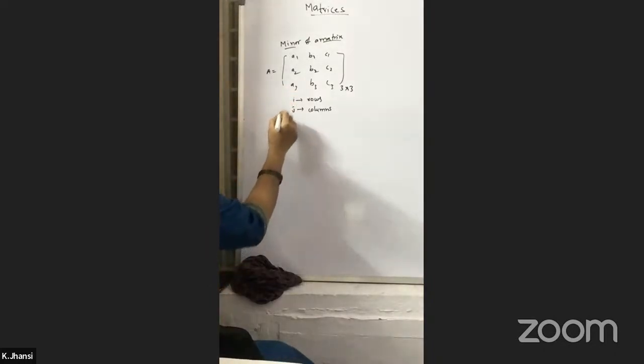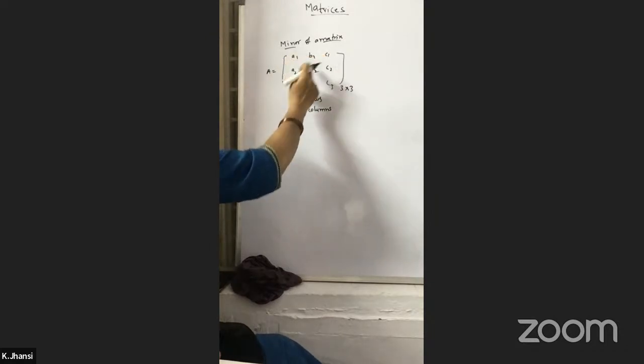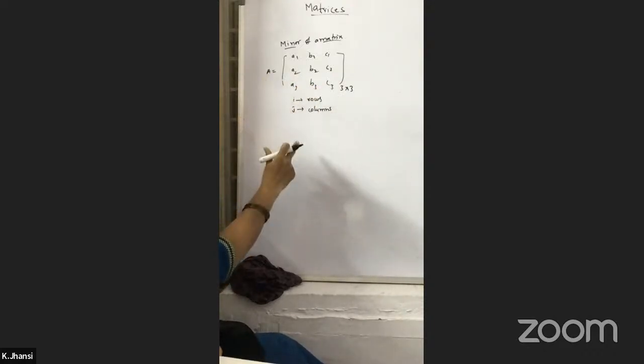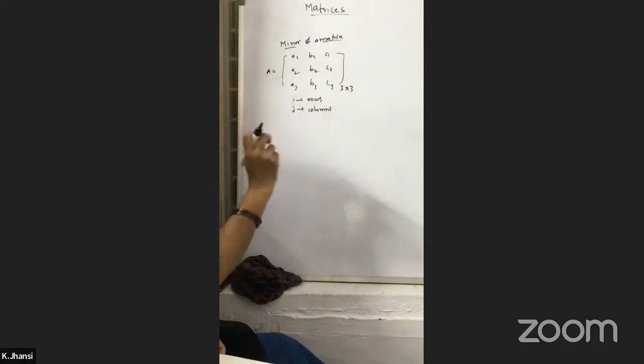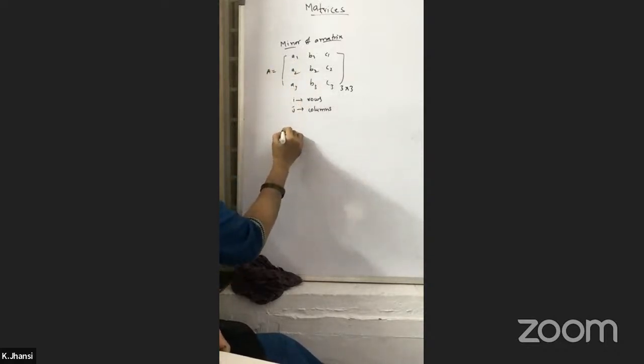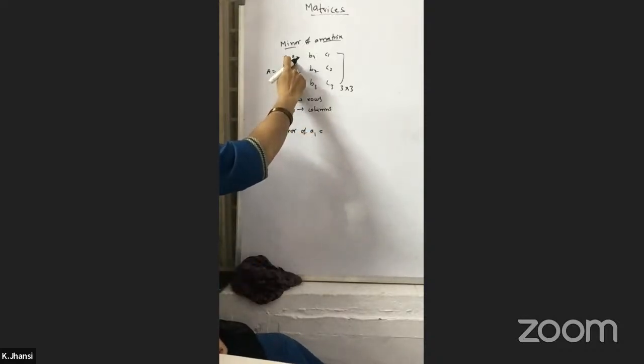Okay. So here if you want to find a minor of A1, okay, how many elements are there? 1, 2, 3, 4, 5, 6, 7, 8, 9. Okay. For 9 elements, we can find 9 minors. How? So if we take the minor of A1, for this element you are finding the minor.